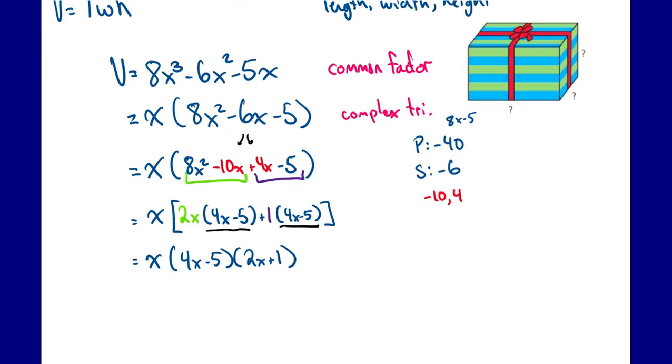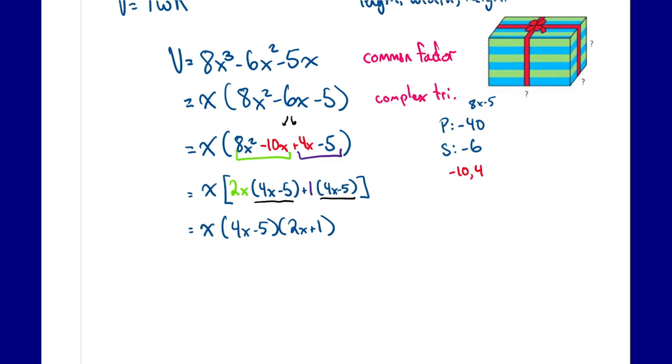So now I have my volume represented as the product of three factors. I could call them a length, a width, and a height. Because it's a rectangular prism, it doesn't really matter which one is which. If I have my present as I see up here in the diagram, I could also stand it up vertically, and then the dimensions I originally called the width and the length are now opposite.